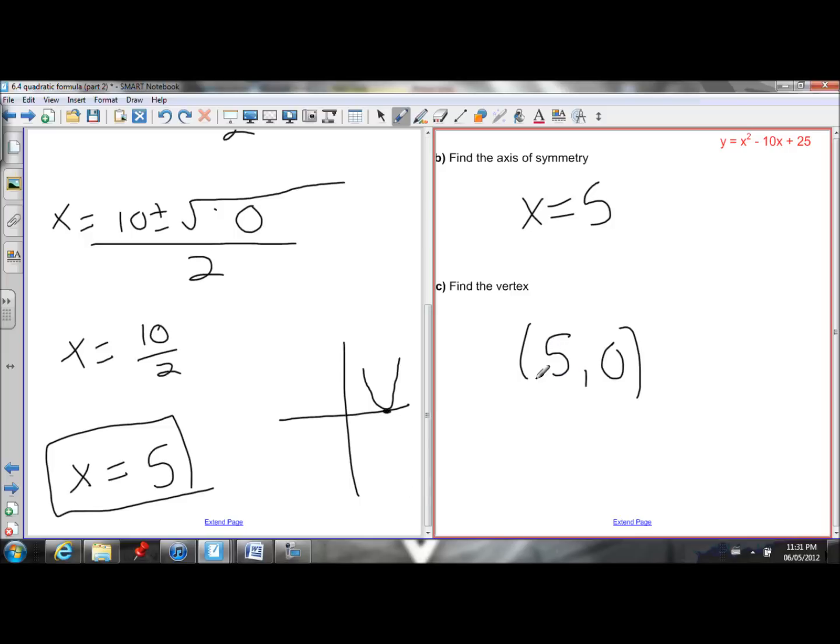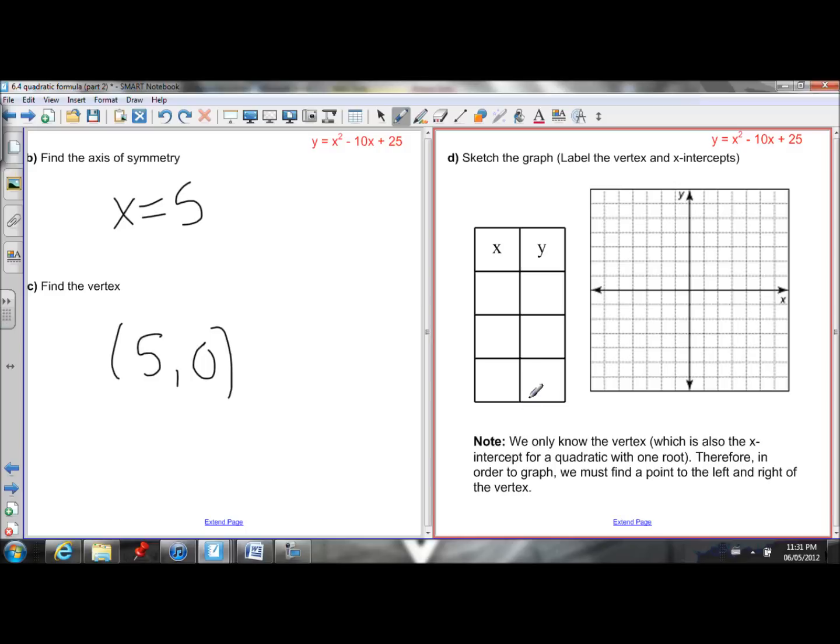Okay, so it's all coming together at this point of the year right now. If you're able to sketch the graph, we know our vertex is at 5, 0. We need to figure out some points to the left and right. 1, 2, 3, 4, 5. So here's our vertex. If I can figure out the y values of points to the left and right, I can make a nice sketch of this graph. Okay.